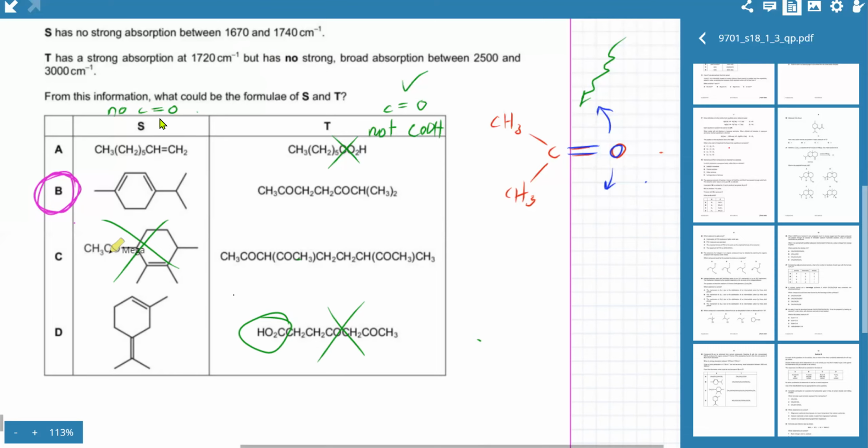That meant it wasn't a ketone, which eliminated option C. It can't be a ketone, can't have C double bond O. And the other one had a strong absorption, so that means it did have a C double bond O. But it did not have a strong absorption between 2500 and 3000, which means it wasn't a carboxylic acid. So these two were gone because they were carboxylic acids. So the only correct option would be B. Is this clear to everyone?